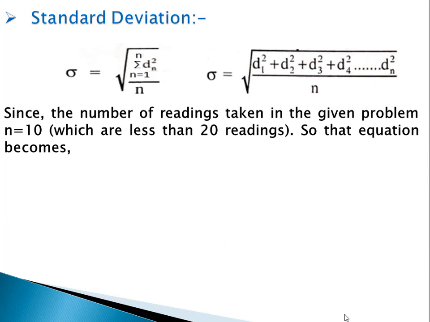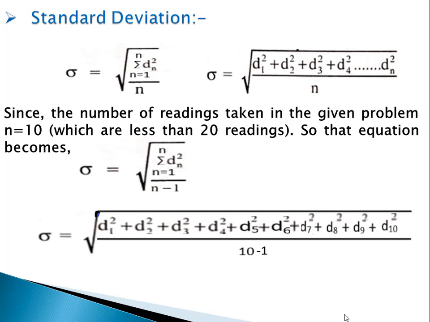Since the number of readings taken in the given problem n is equal to 10, which is less than 20 readings, the equation becomes sigma is equal to square root of summation dn square, n is varying from 1 to n, divided by n minus 1. This is very important during the solution of the problem.